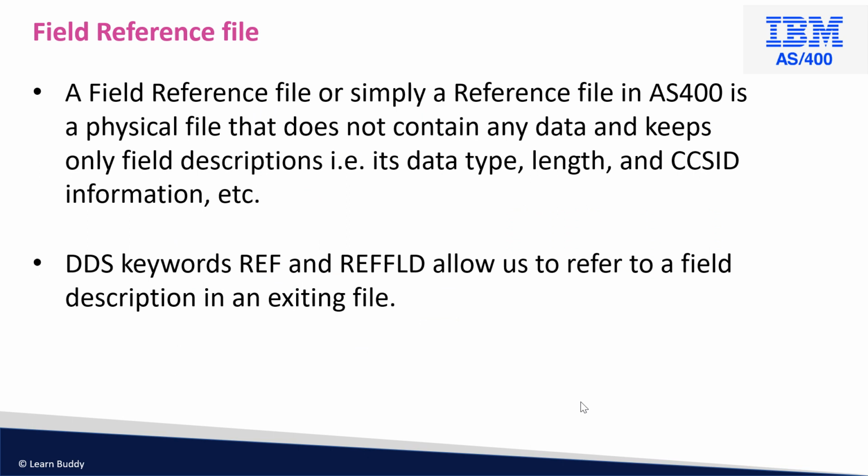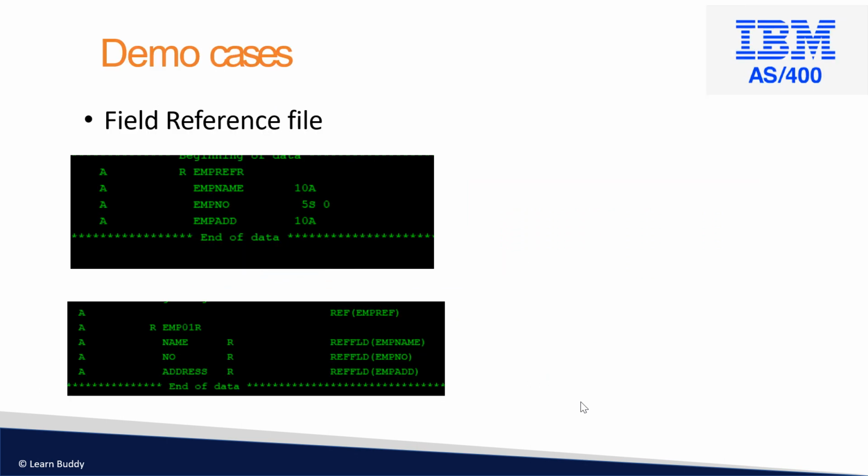So here is the DDS keyword: REF and REFFLD allow you to refer to a field description in an existing file. This is an example of a field reference file. Here you can see I made employee name, number, and address, because these are common fields that will be used for multiple applications. And here I want to refer to these values from this file.